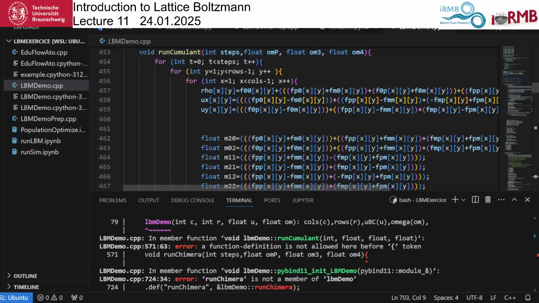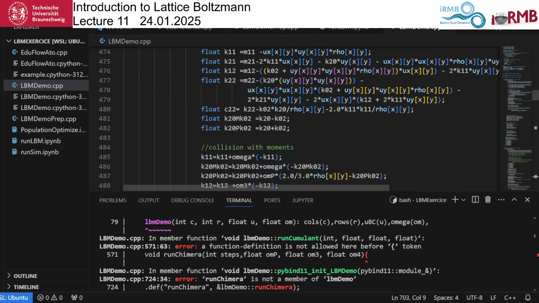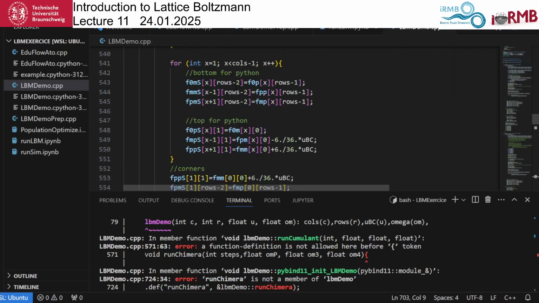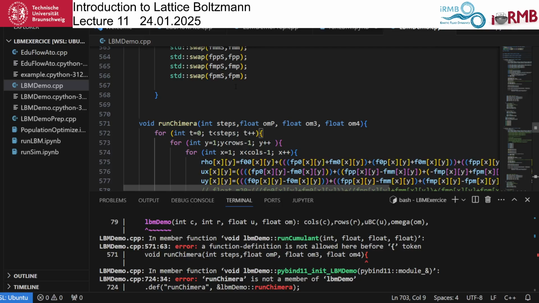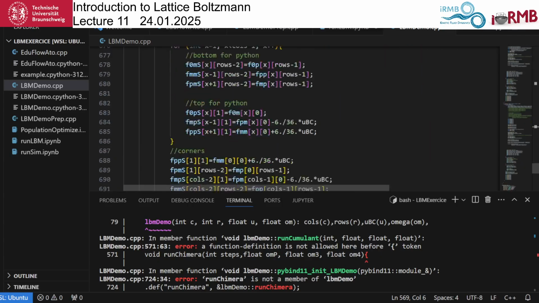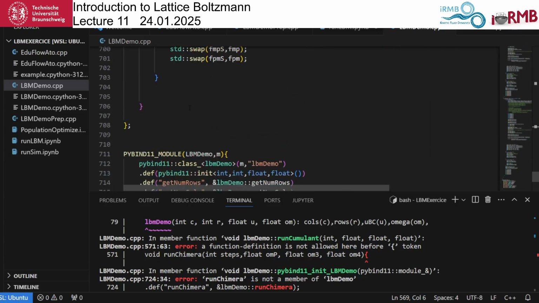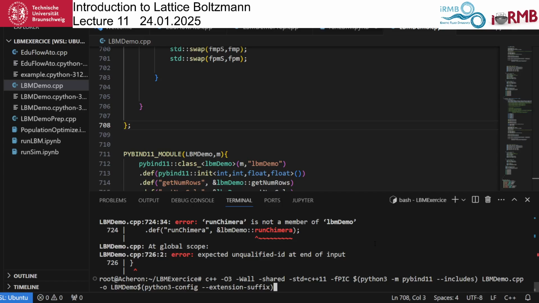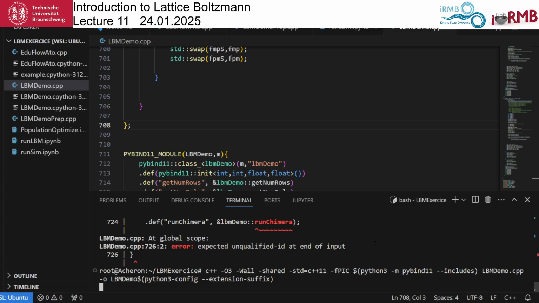It's this function run Chimera, I mean, inside cumulant. So okay, let me see whether this... So we lost a bracket when we copied.